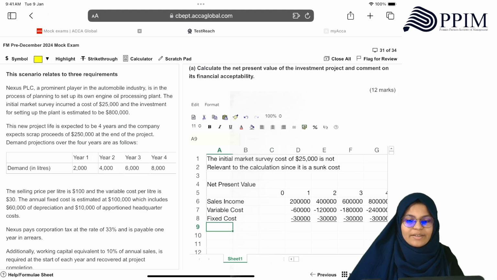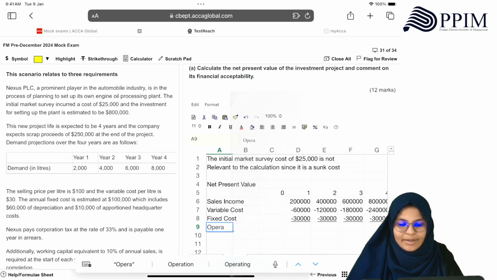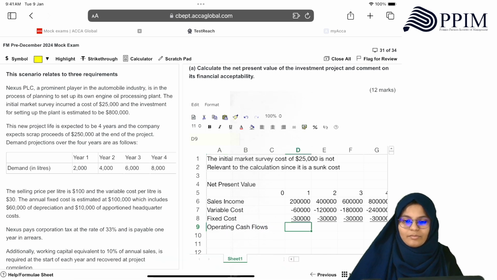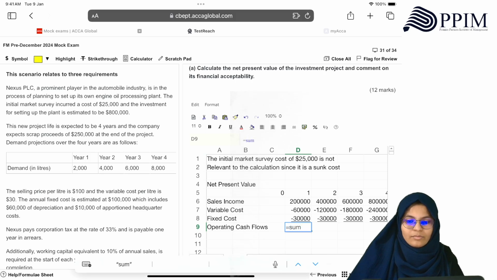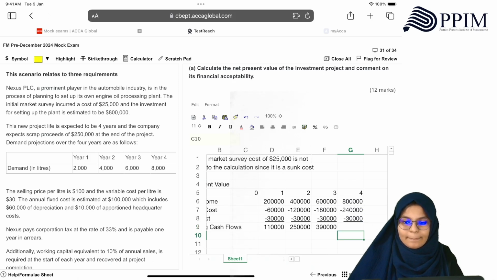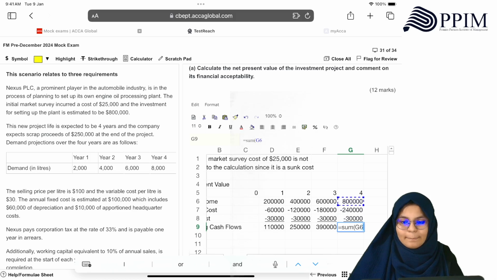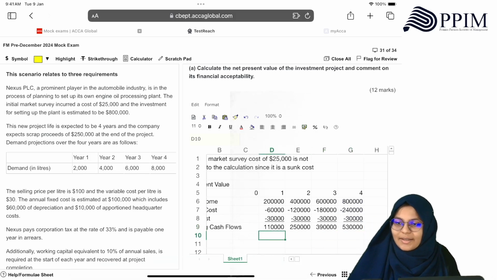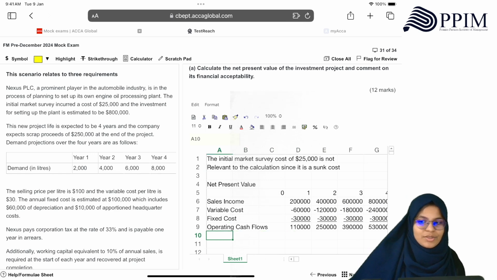And now here we take a total, we call it the operating cash flows. Okay, I'm just taking totals. Okay, so 110,000, 250,000, 390 and 530,000, right?